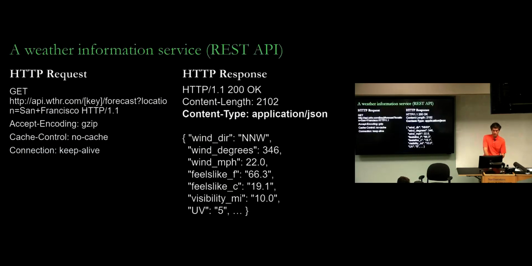So here's an example of HTTP being used not for a web page, but for a REST API that provides weather information to clients. So here's a request that gets, sorry, this is bogus. There shouldn't be HTTP in there, in the URL line, I don't think. But anyway, it gets a URL, which has some kind of API key, and then has the word forecast, because you're getting forecast information, and location equals San Francisco.